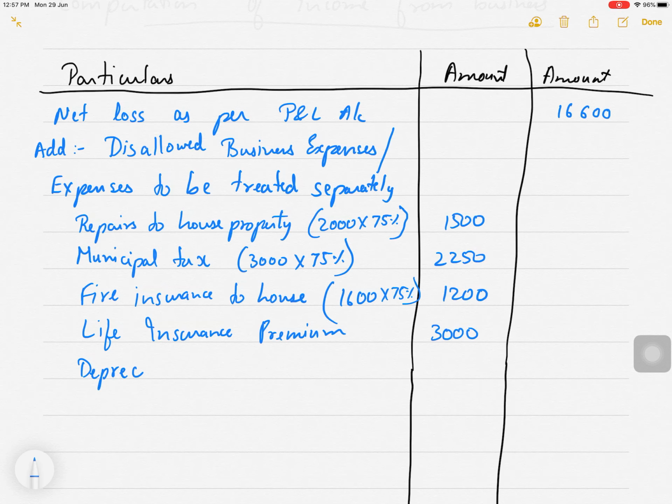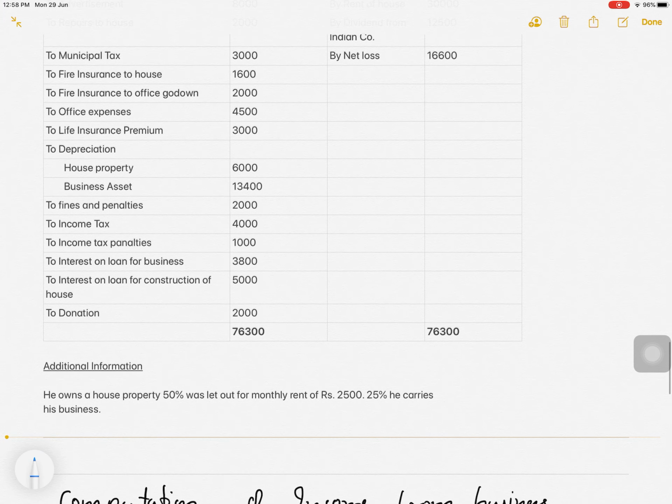So depreciation on house property, 25% is allowed because 25% is business property and the remaining 75% is disallowed, which is 4,500.